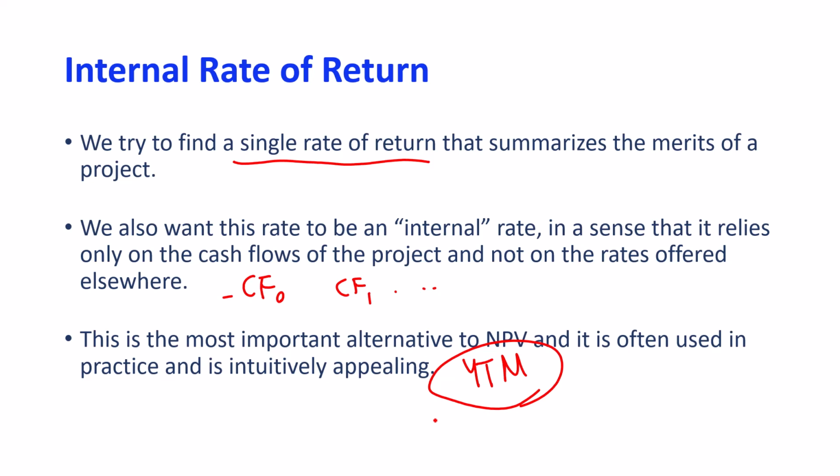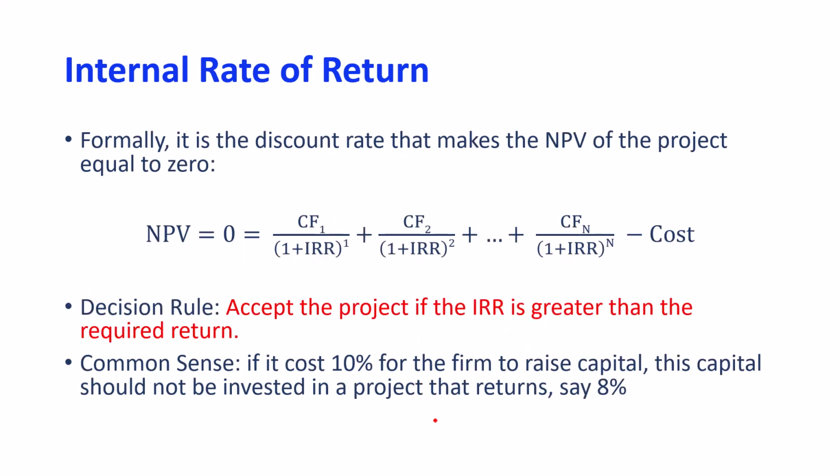Now, how do we find this? Formally, internal rate of return, or IRR, is the rate of return that makes the present value of the future cash flows equal to the cost of the project, or it's the rate that makes the NPV equal to zero.